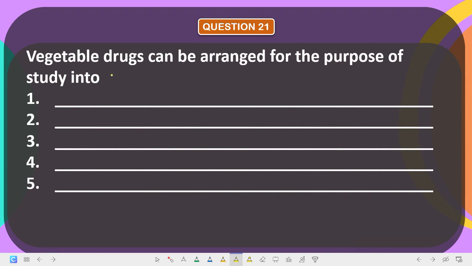Vegetable drugs can be arranged for the purpose of study into alphabetical, which has to do with either Latin or vernacular, and it helps for quick reference, like the ones that we have in our pharmacopoeias. Those are arranged in alphabetical order.